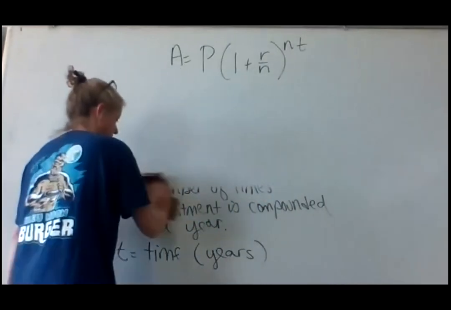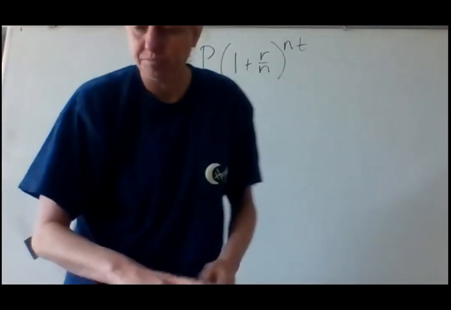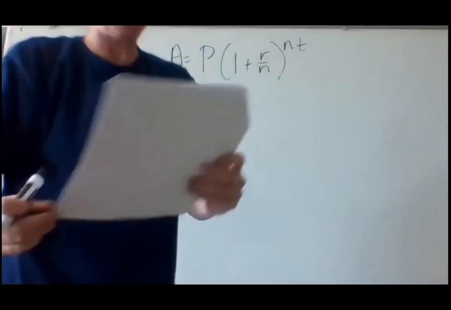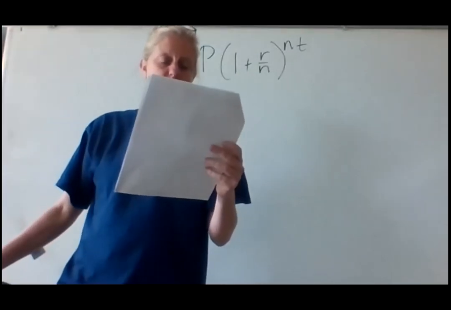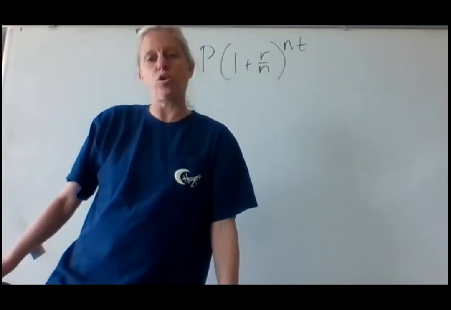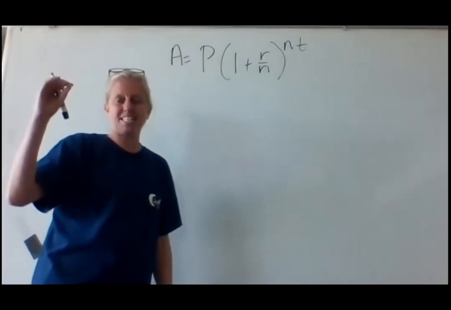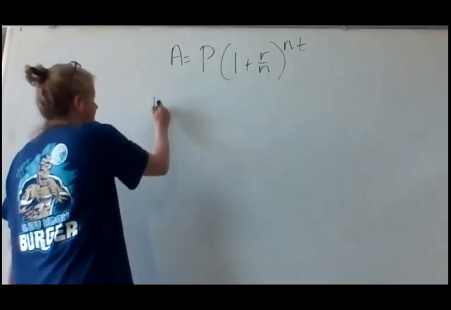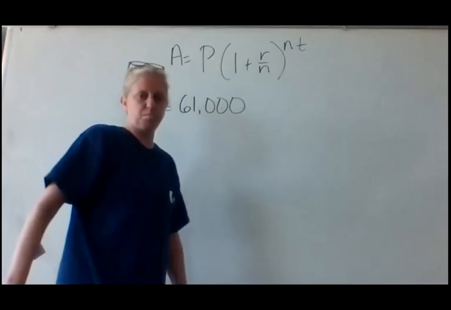All right, number 10 says, suppose that $61,000 is invested at 6.5% interest compounded quarterly. So let's think about what all we know. If you were investing $61,000, that is your principal, your original investment.